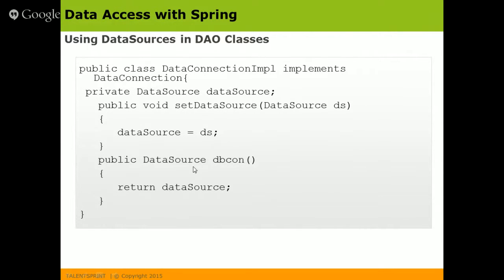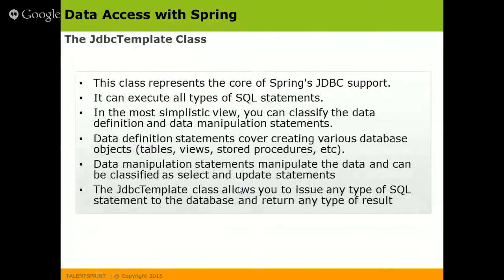You can see there is a method called dbcon, which is simply returning the current data source which it got from the bean factory. So it already has the data source completely, and if you want, you can call this method. By this method, you can receive the value anywhere.